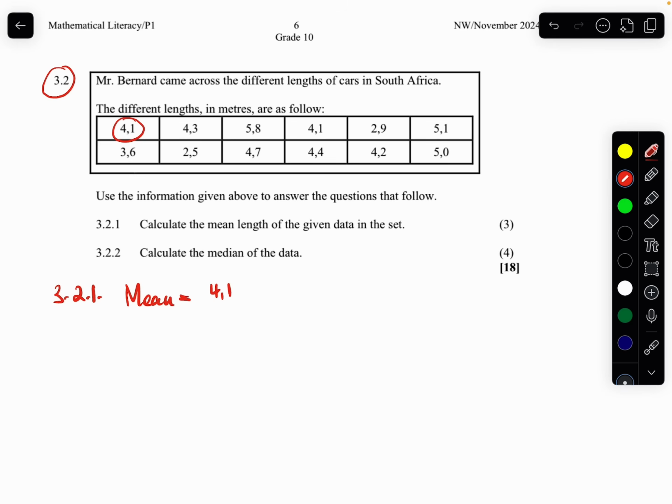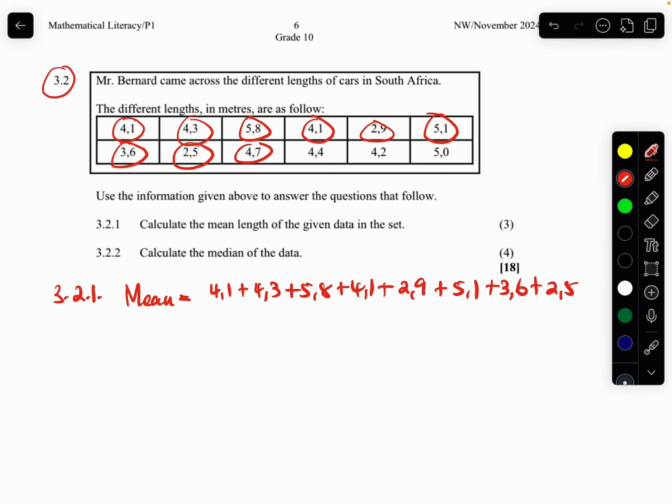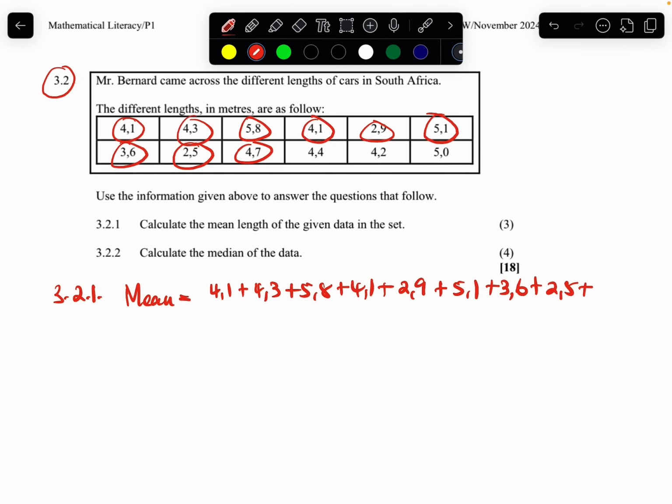So it's 4.1 plus 4.3 plus 5.8 plus 4.1. Guys, I'm intentionally crossing them off, knowing which number I've already used. Plus 2.9 plus 5.1 plus 3.6 plus 2.5 plus 4.7 plus 4.4.